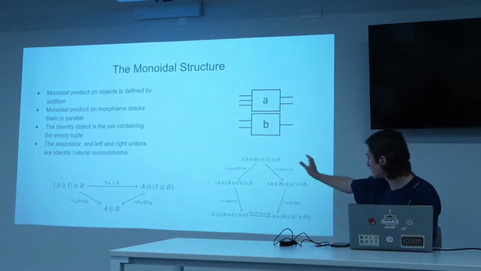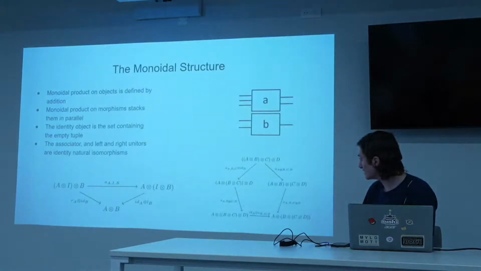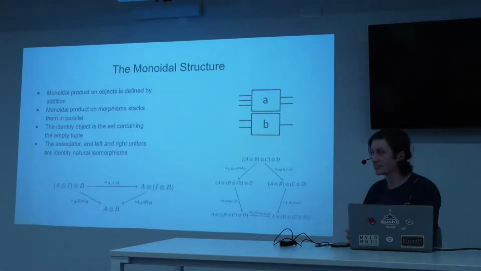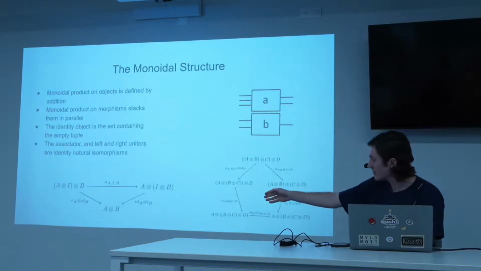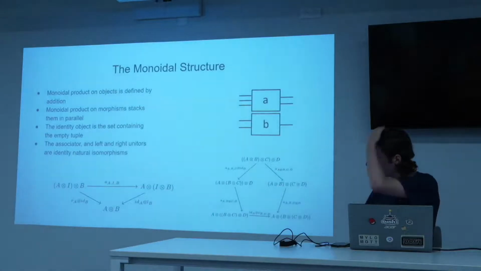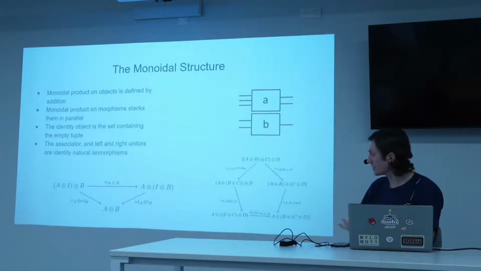So actually this thing here is called the Pentagon Diagram, and essentially it just collapses into a bunch of identities in the same object. A similar thing happens over there on the left with the triangle diagram, which dictates how the left and right unitors are meant to act.